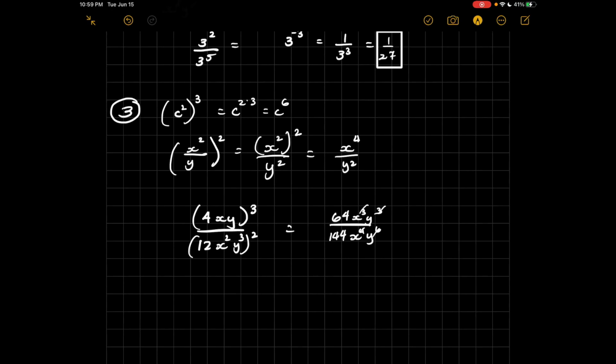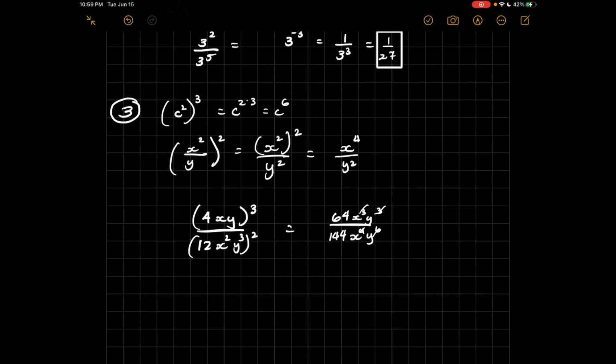That cancels, and you can simplify the 64 over 144, which in turn leads to being, what is this?